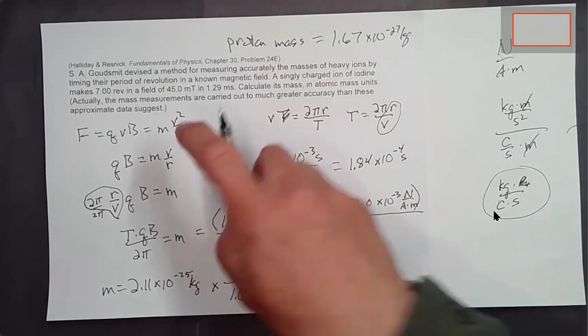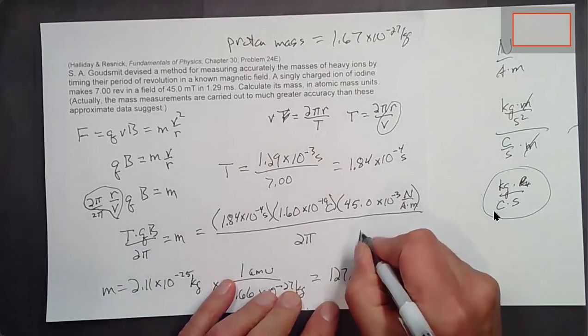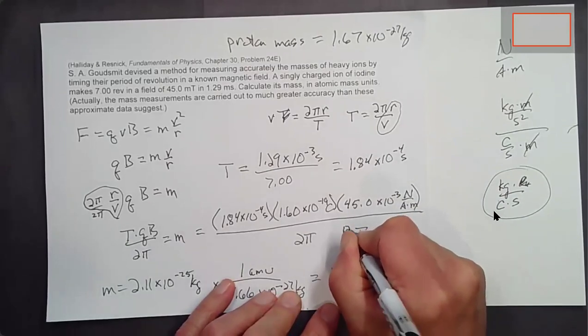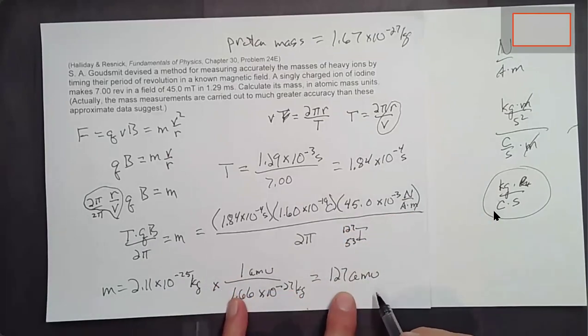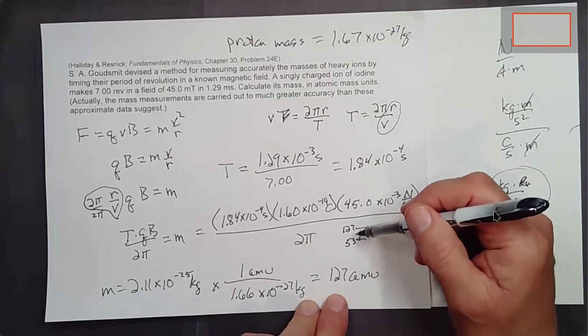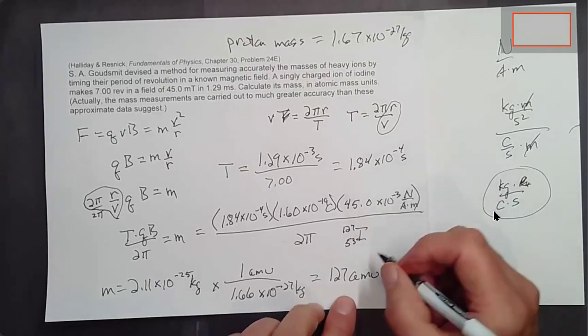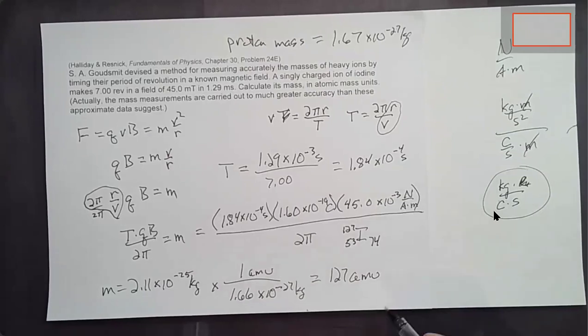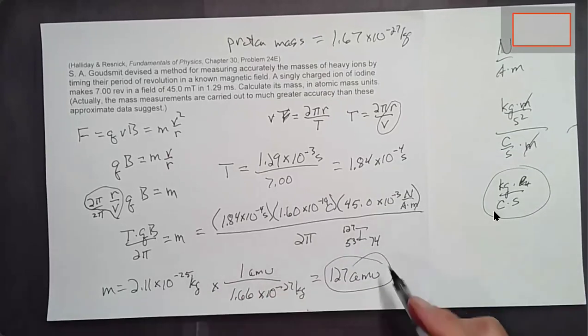So this is an isotope of iodine that has 53 protons, 127 nucleons, because when you get this number, that's the number of nucleons it has. So whatever 127 minus 53 happens to be, looks like 74. So this isotope of iodine has 74 neutrons. It only asked for this, but that identifies what isotope it happens to be.